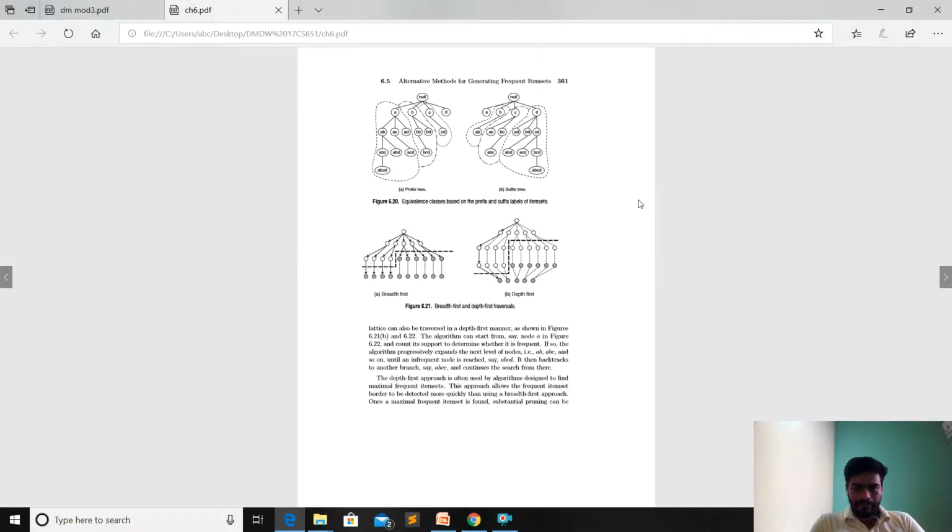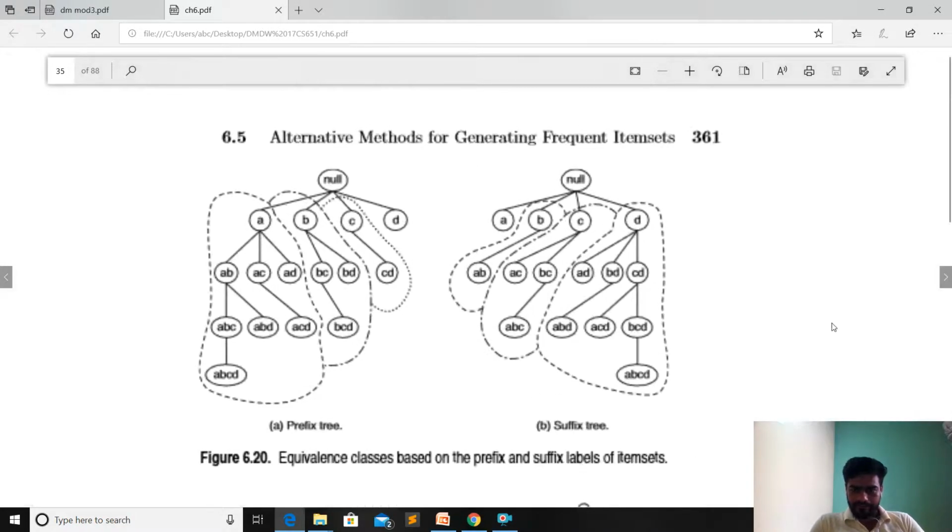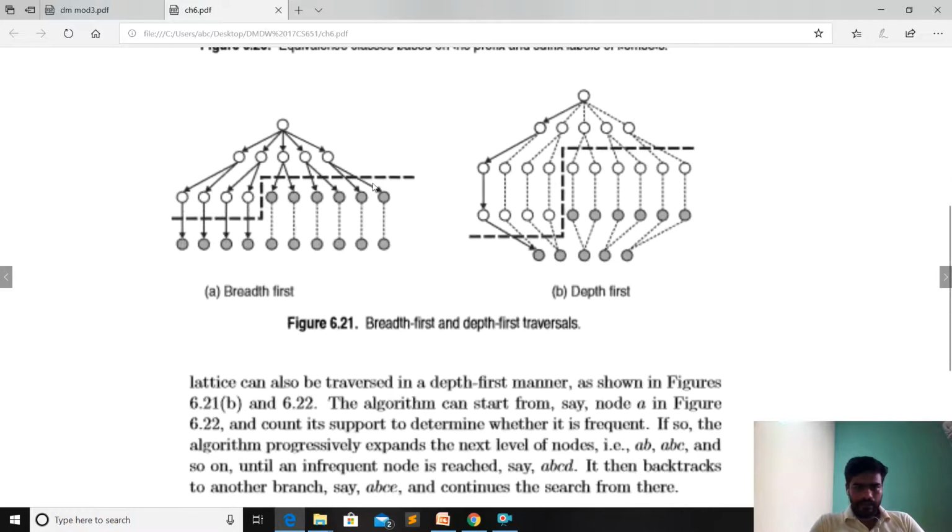So in breadth first, we take level 1, then the next level, going deeper, then these item sets, until no further item sets are generated. So this is breadth wise.